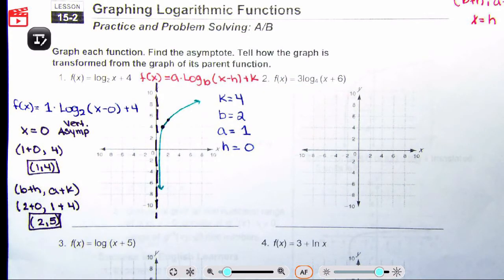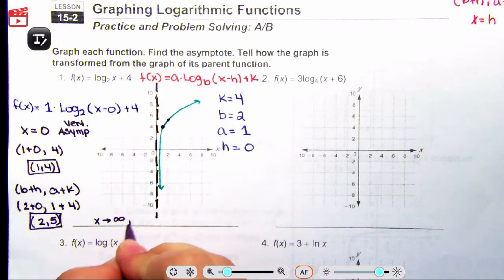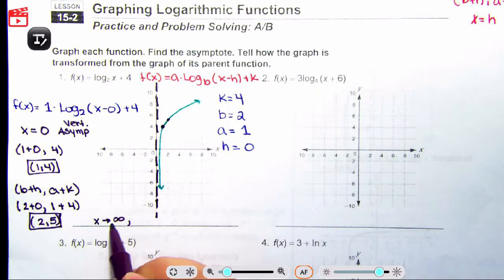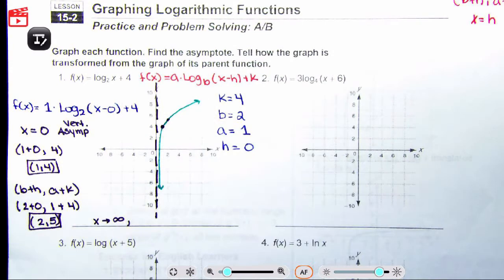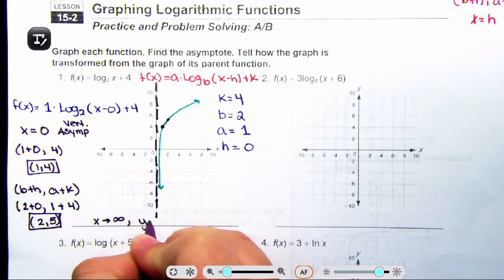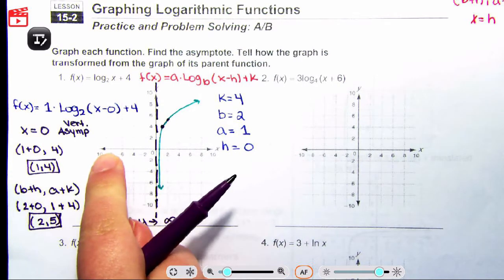Something they didn't ask us, but let's talk about your end behavior. As x approaches infinity, what happens to our y value? As x gets really, really big, y gets really, really big as well. But notice x cannot get exponentially small.